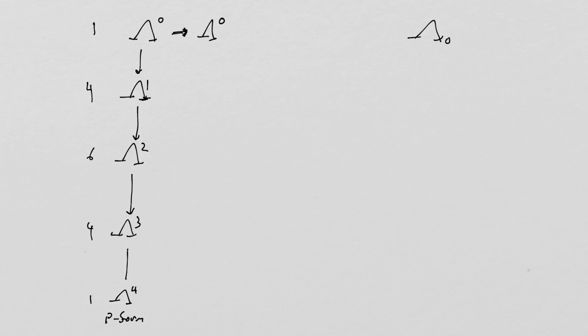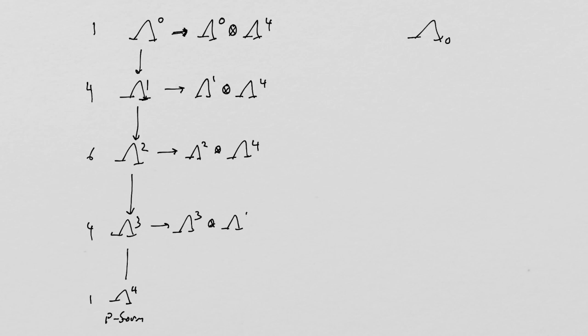Lambda 0 tensor product lambda 4. Lambda 1 tensor product lambda 4. Lambda 2 tensor product lambda 4. Lambda 3 tensor product lambda 4. Lambda 4 tensor product lambda 4.